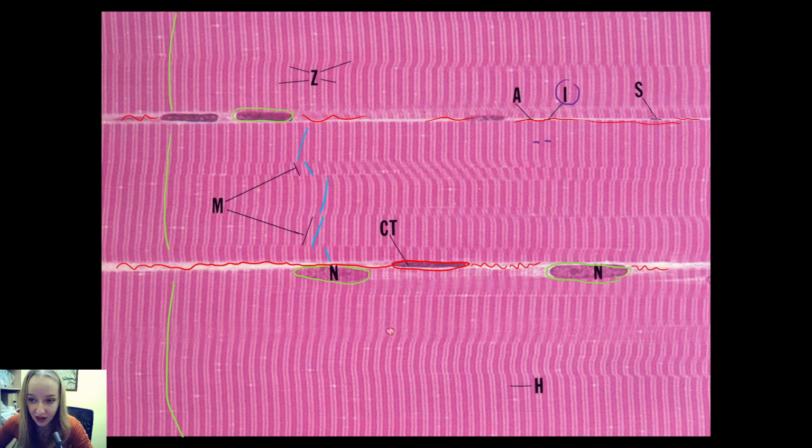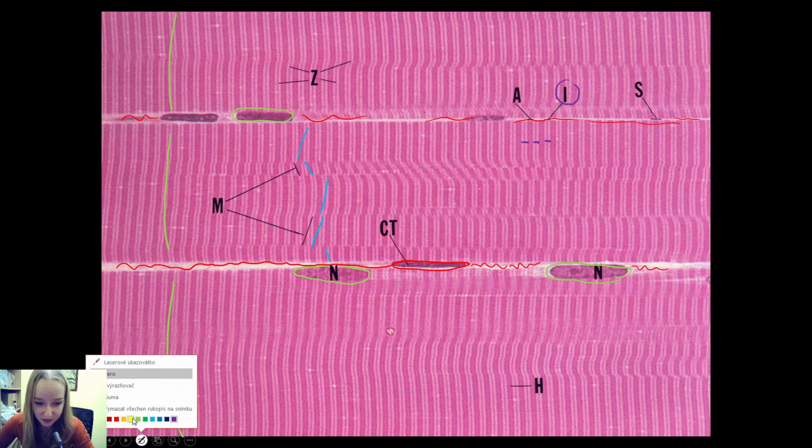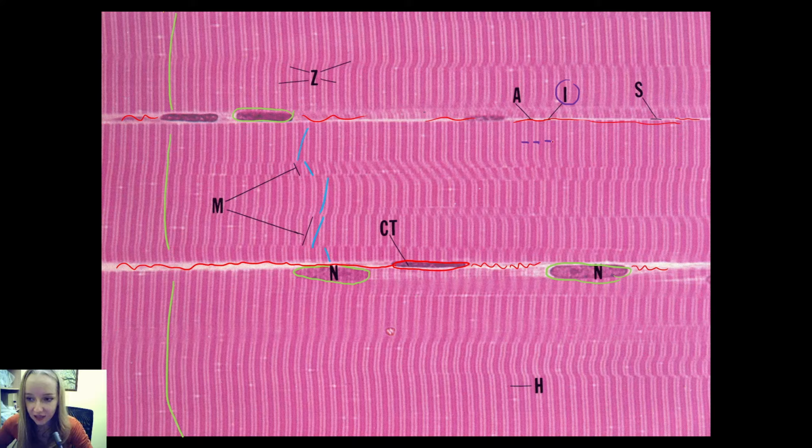So these are isotropic bands, and in the middle of each isotropic band, we can see a dark eosinophilic line. Everything is eosinophilic here in this muscle fiber except the nucleus, but we can see this dark eosinophilic line in the middle of each I band, and it is called the Z band, or Z line, I should say. It's not really a band, it's just a line, so it's called the Z line. So these are the Z lines right here.